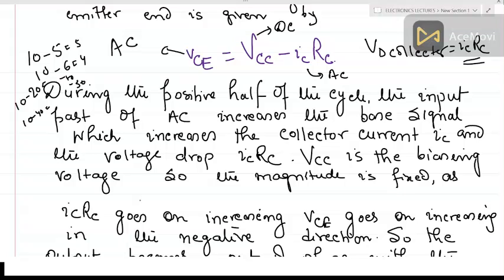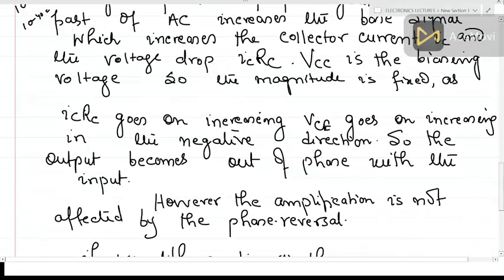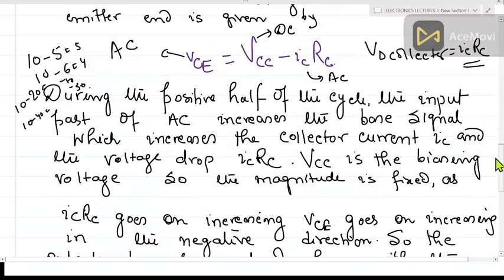And what is happening? VCE, the collector emitter voltage or the output voltage, is becoming negative. It is going to the minus sign. It is not reducing. So ICRC goes on increasing, VCE goes on increasing in the negative direction. It is not that it is reducing.